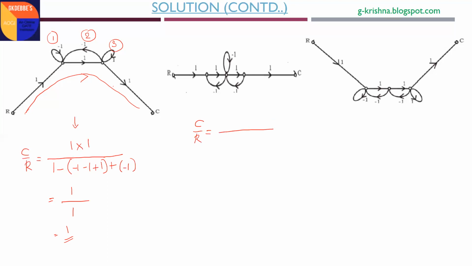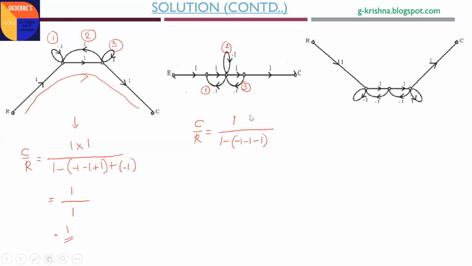How many forward paths do we have from this input to output? Only one forward path, with gain 1. And delta is 1 minus the sum of loop gains. How many loop gains do we have in this SFG? Also 3. One is this one, which is minus 1. The second loop gain is also minus 1. The third loop gain is also minus 1. So in total we have 3 loops, with gains minus 1, minus 1, minus 1.